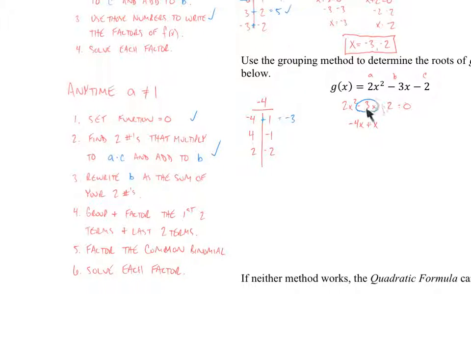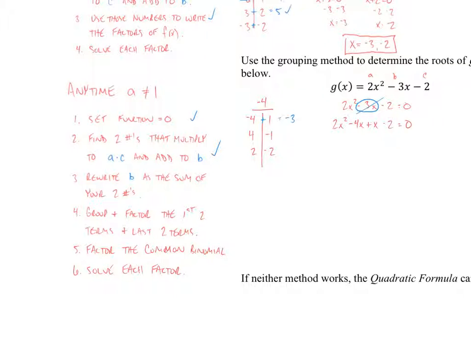So I'm replacing this -3 with these two terms. And I can't forget that I also still have the 2x squared and the -2. So all I've done is get rid of this and replace it with this. That's all I've done there. Okay, so that's the major step in this process, that replacement.